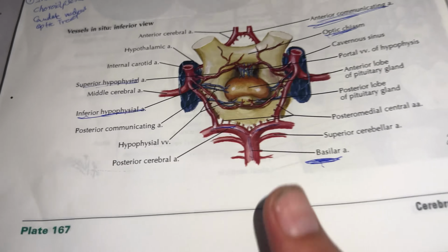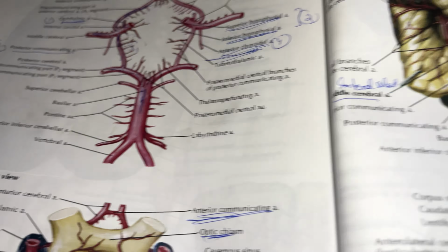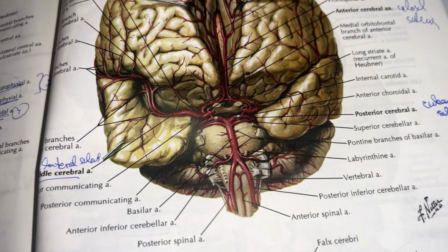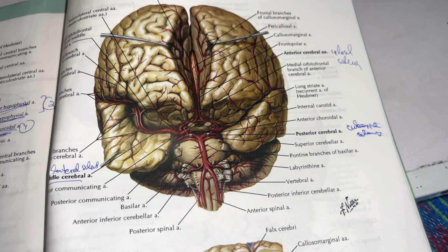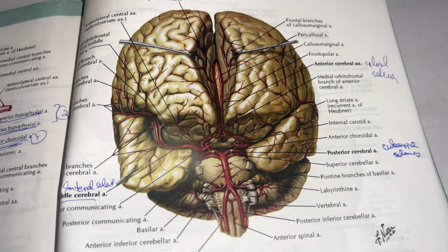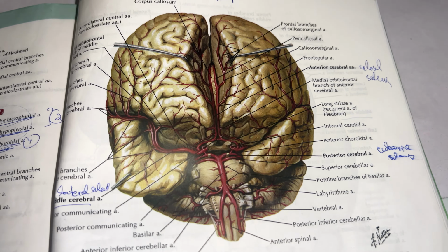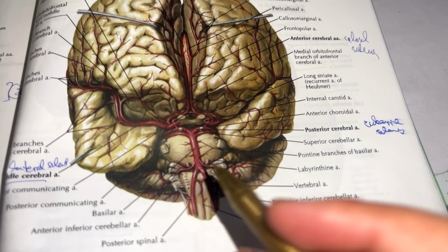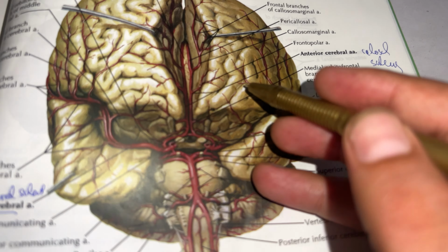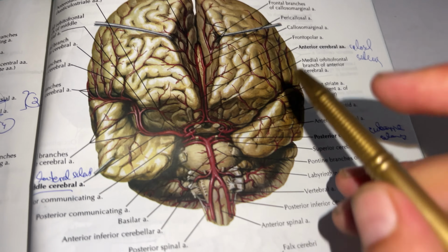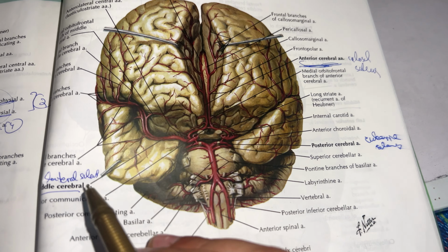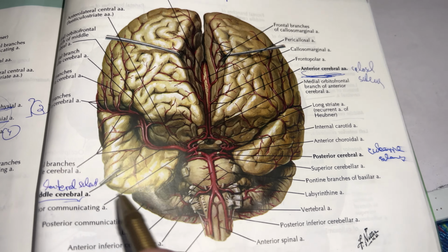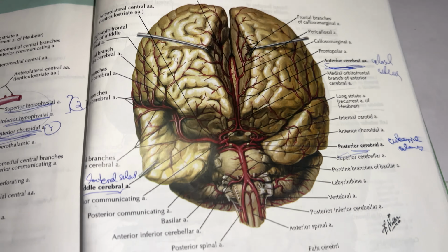Okay, so this is about the internal carotid system, its branches, its terminal branches and its course. Now we will talk about the location of the anterior cerebral artery, which is one of the terminal branches of the internal carotid, and the middle cerebral artery and posterior cerebral artery.